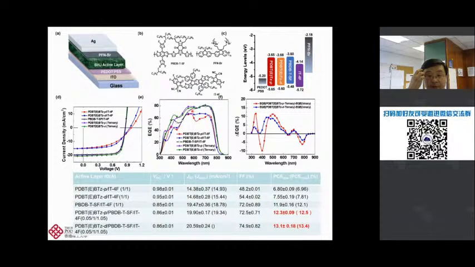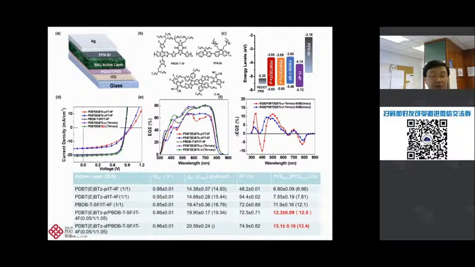Let me get a quick look at the devices here. We see that compared to the classical donor, we get deeper HOMOs here. That's exactly what we want. We also have wider band gaps there. But remember, these two are still not as deep as the acceptors here. For device data, this wider band gap has higher VOC, but poor performance.